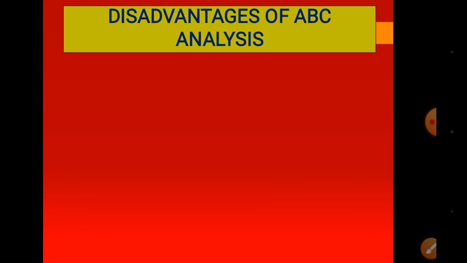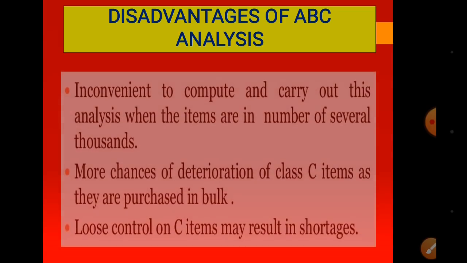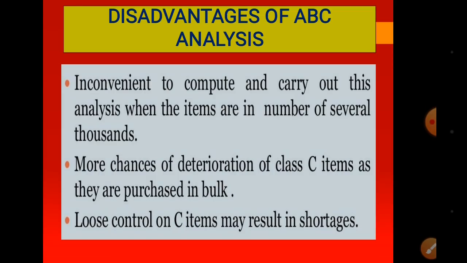Now, the disadvantages of ABC analysis. It is inconvenient to compute and carry out this analysis when the items are in number of several thousand. More chances of deterioration of class C items as they are purchased in bulk.